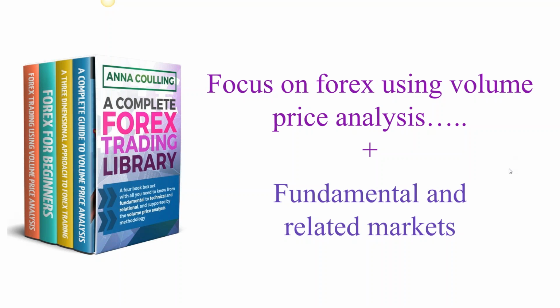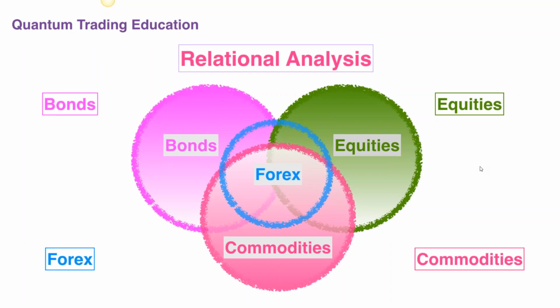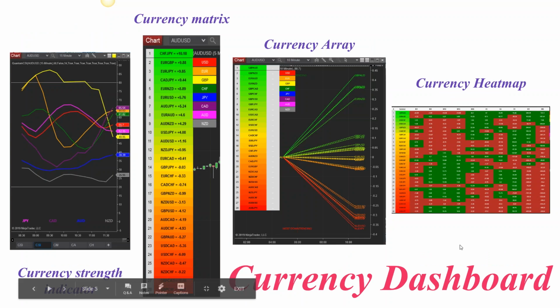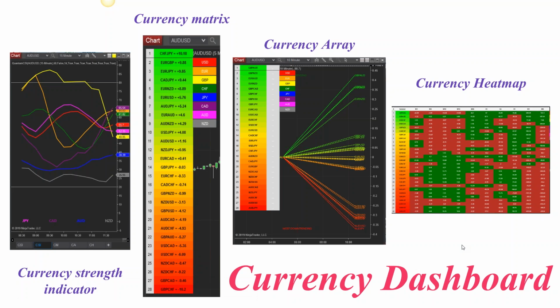That's what we use, and all this is explained in great detail in our Forex program. We have the four capital markets, and Forex pretty much sits at the center. We've also developed our own trading indicators. The Forex-specific ones come bundled as part of the currency dashboard, though you don't have to buy them as a bundle; they are available individually.